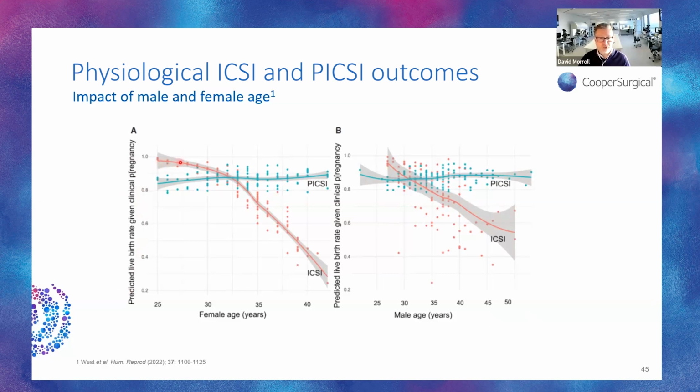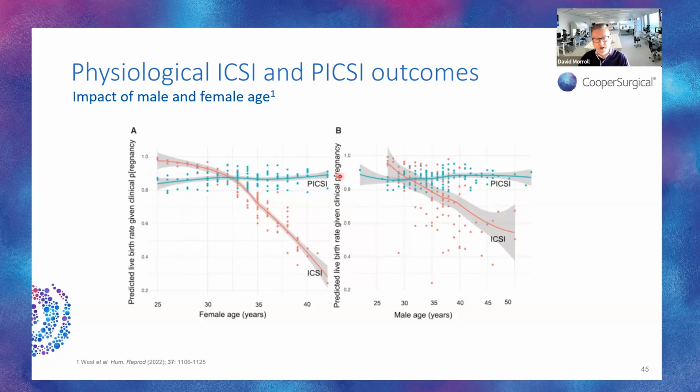And what you'll see here is, in the PIXI group, you see the fairly familiar age-related decline in live birth rate with age. So as the woman becomes older, we know there's a higher risk of the pregnancy terminating in a miscarriage. But in this mechanistic analysis, what they showed is that with PIXI, once the woman becomes pregnant, the likelihood of her carrying that to term is not affected by age, or not as affected by age, which is why you end up with this straight line.